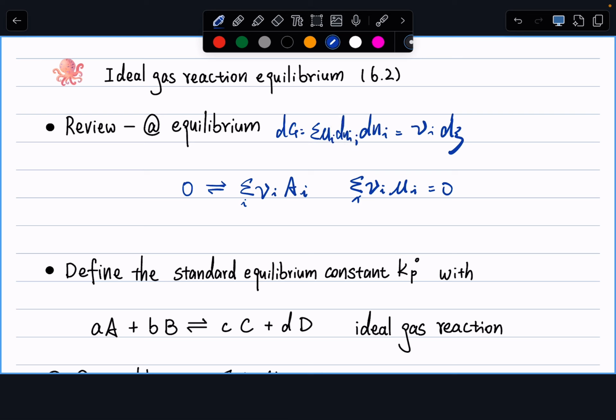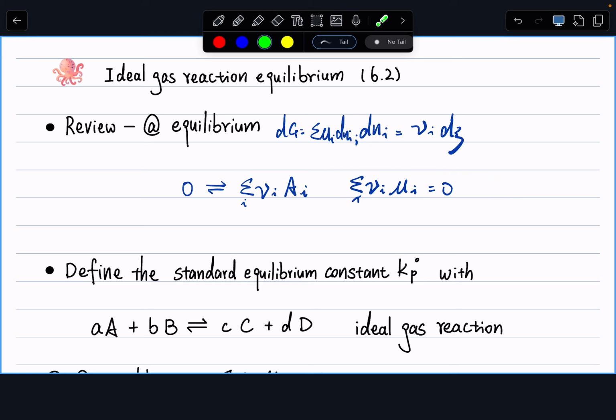And in this case, at equilibrium, we know that the Gibbs free energy change, dG, equals 0. And some of the terms, like the stoichiometric coefficient, cannot be 0, and my dn_i has this d xi in there. So we end up with the conclusion that at equilibrium, the sum of your stoichiometric coefficient times your chemical potential must add up to 0. So these are all a review of something we discussed before.